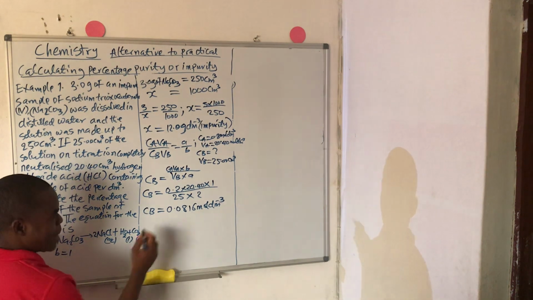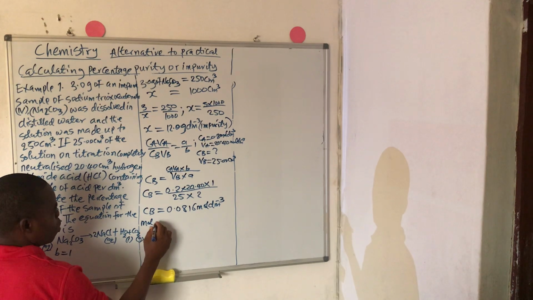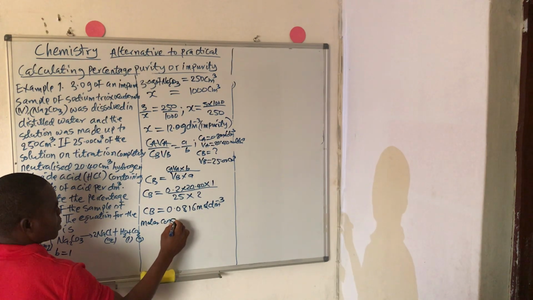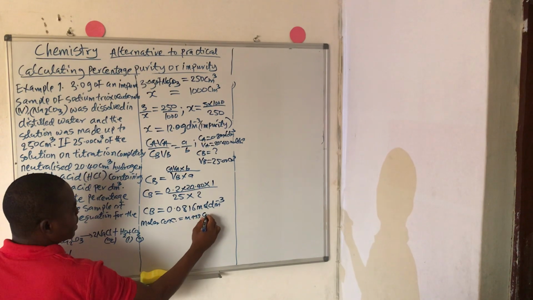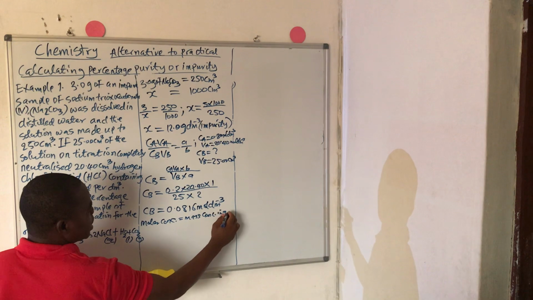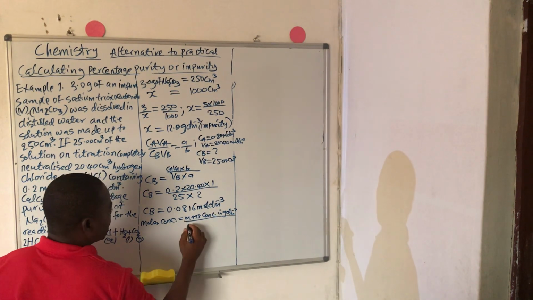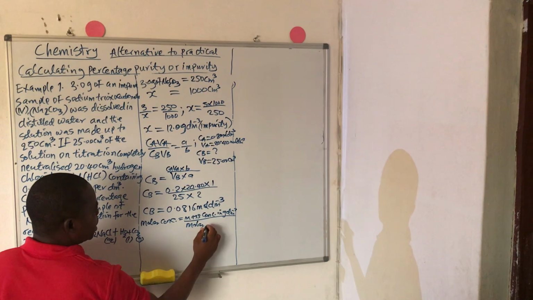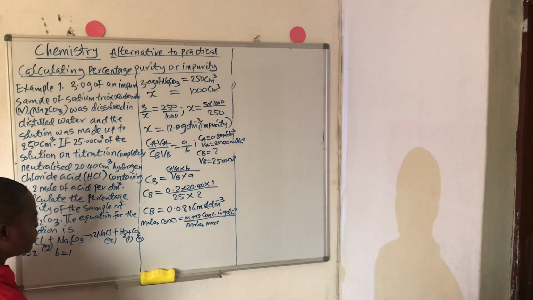For us to get the mass that was involved, the mass uses this formula: molar concentration is equal to mass concentration, which is always in gram per dm cube, all over the molar mass. Either you call it molar mass or formula mass.